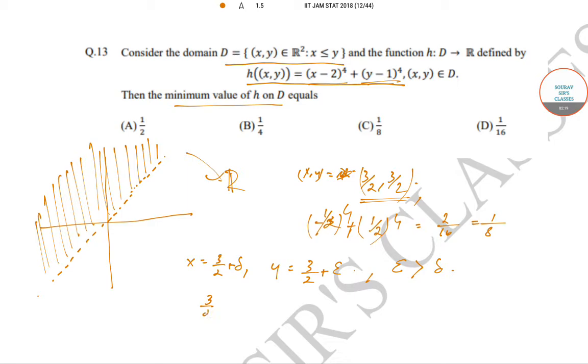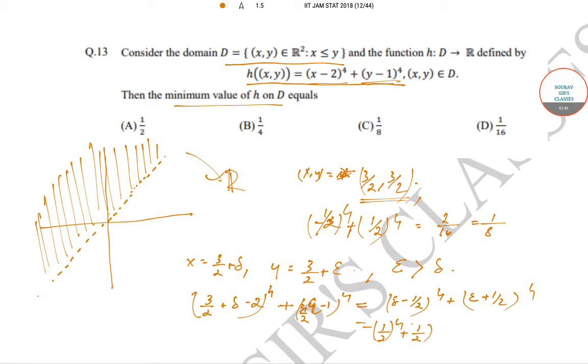Now (3/2 plus delta minus 2) to the 4 plus (3/2 plus epsilon minus 1) to the 4 is equal to (delta minus half) to the 4 plus (epsilon plus half) to the 4, which is equal to (half) to the 4 plus (half) to the 4 plus epsilon to the 4 plus delta to the 4 plus terms involving epsilon minus delta.